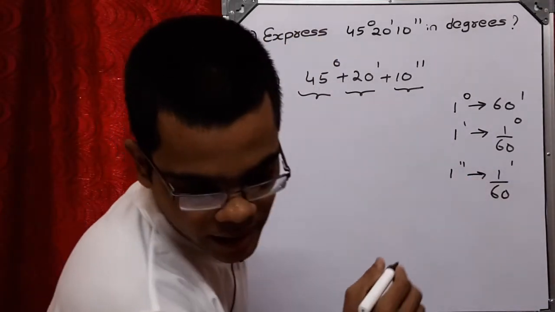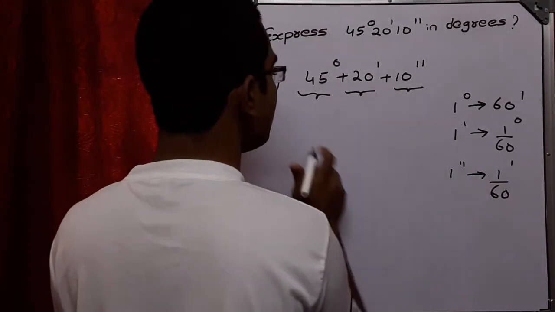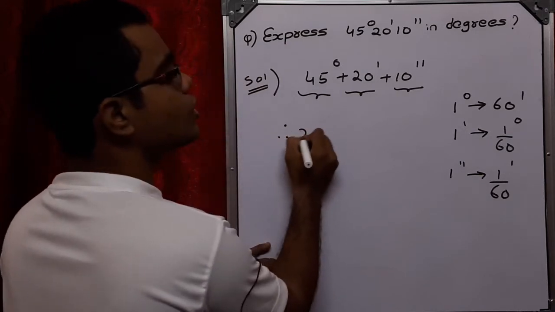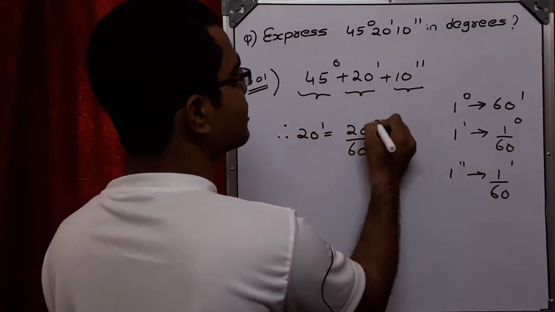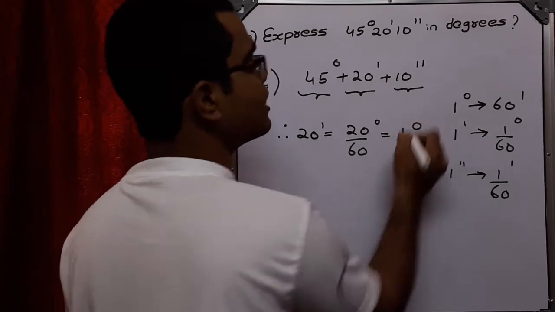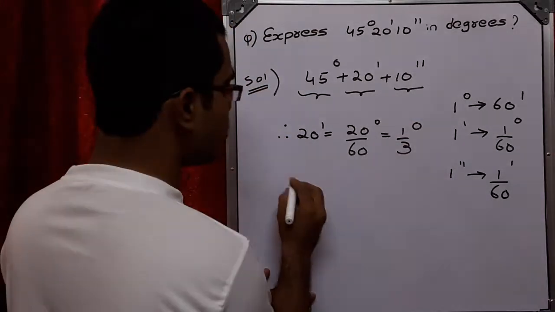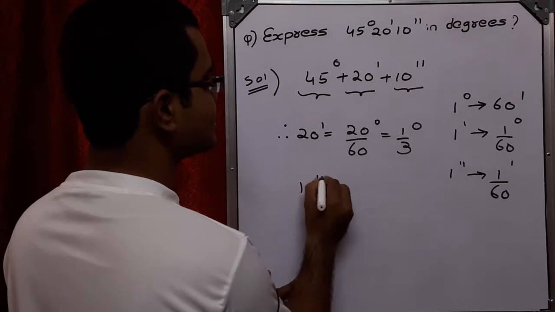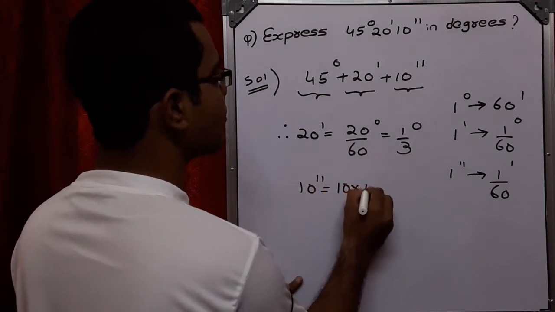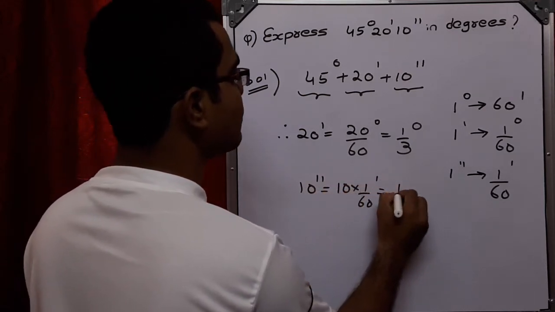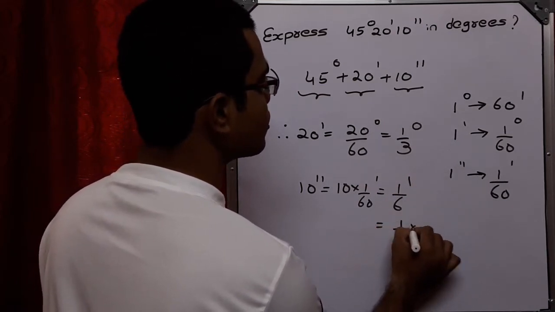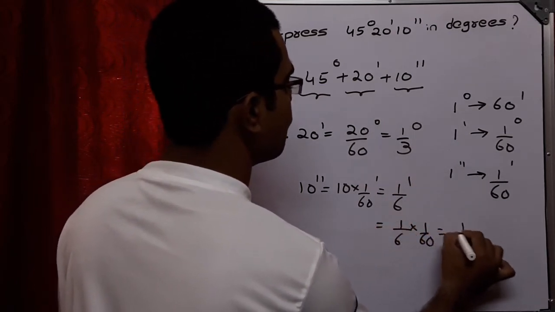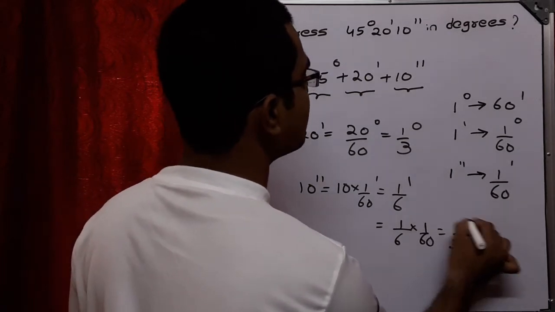Therefore 20 minutes is equal to 20 by 60 degrees, that is 1 by 3 degree. It should be very clear, right? Now let us talk about 10 seconds. 10 seconds is equal to 10 into 1 by 60 minutes, that is 1 by 6 minutes. But 1 minute is equal to 1 by 60 degrees. So it's going to become 1 by 360 degrees.